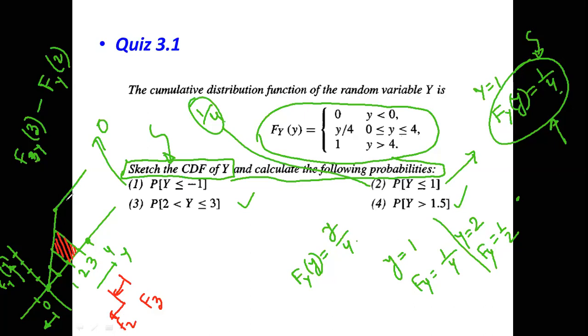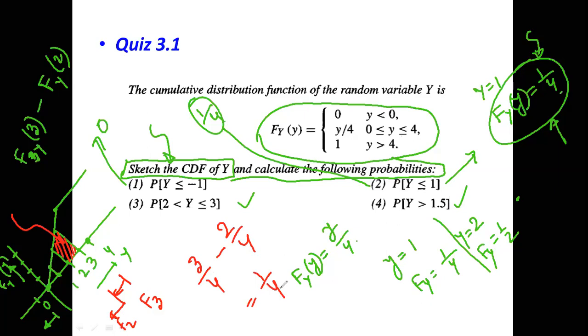If I subtract, I will find this particular area. So F3 means 3 by 4 minus 2 by 4, which again equals 1 by 4. Is it clear? Yes, sir.